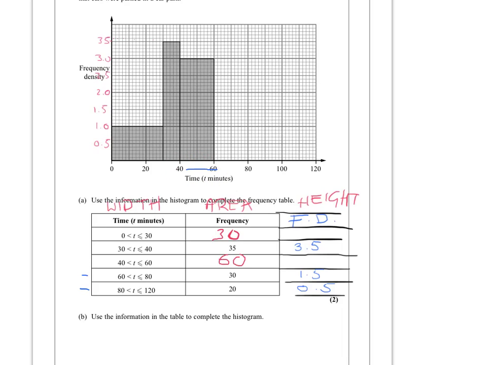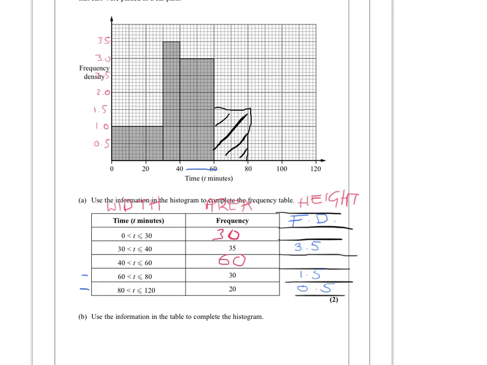But never mind, we're just going to ignore that. So we were drawing this bar here, width of 20, height 1.5. Trying to get this as accurate as I can. Okay, should look a bit like that.